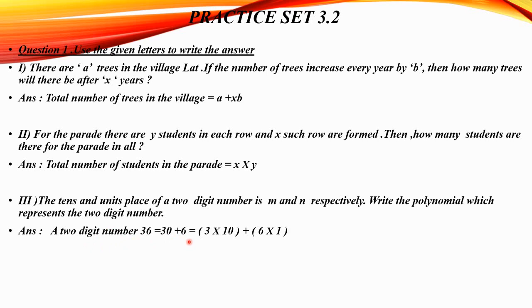Now, it can be expanded more as 3 into 10 plus 6 into 1. Now here 6 is the digit in the units place and 3 is the digit in the tens place. So we can write 3 into 10 which is in the tens place and 6 into 1 which is in the units place.